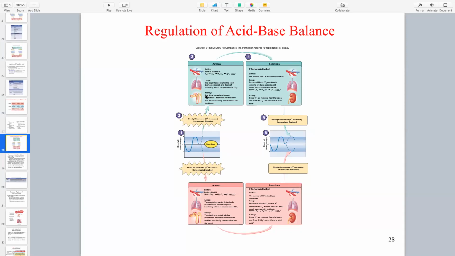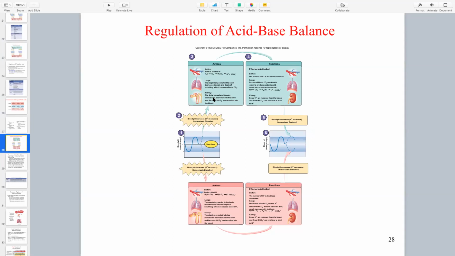Normally, our urine is slightly acidic. At that point, if we're already basic in our bloodstream, do we want to urinate out excess hydrogen? No. We want to retain the hydrogen so it can increase our hydrogen concentration in our body. As the hydrogen concentration increases, I can start decreasing the pH.